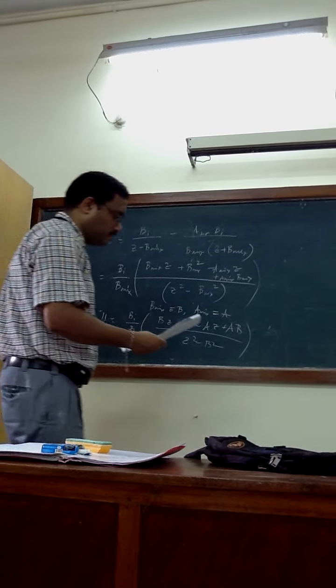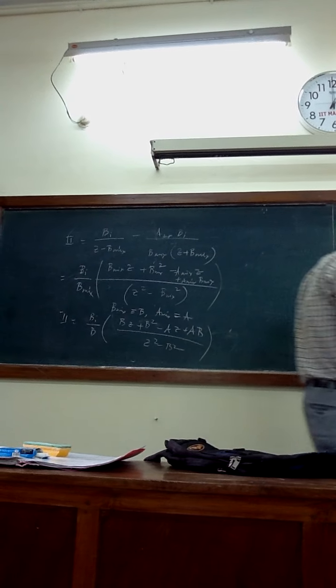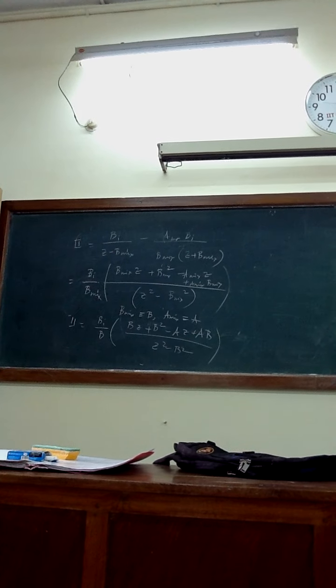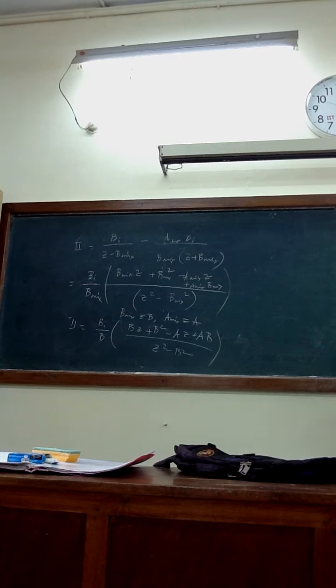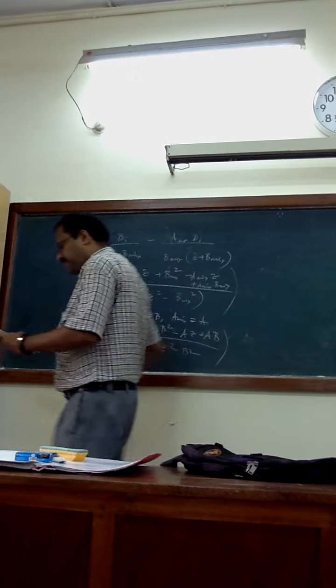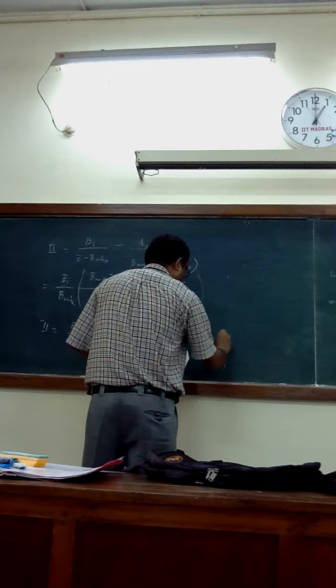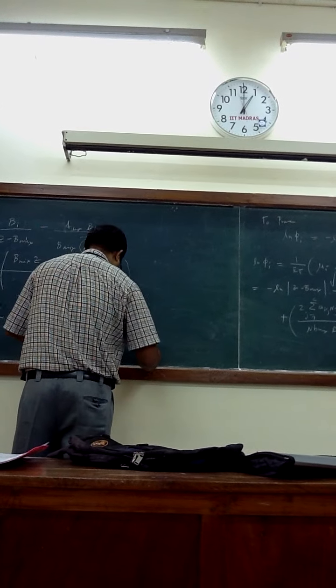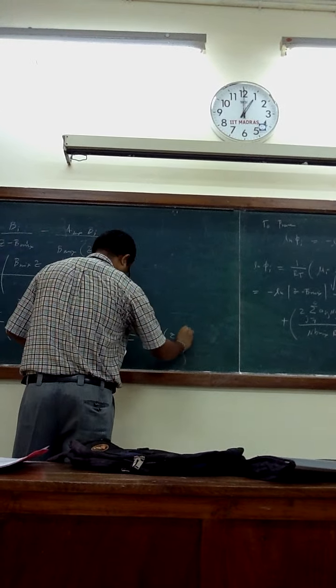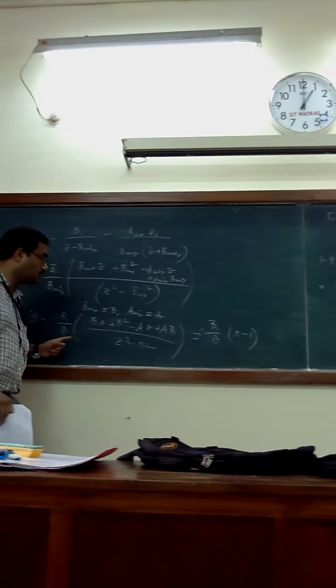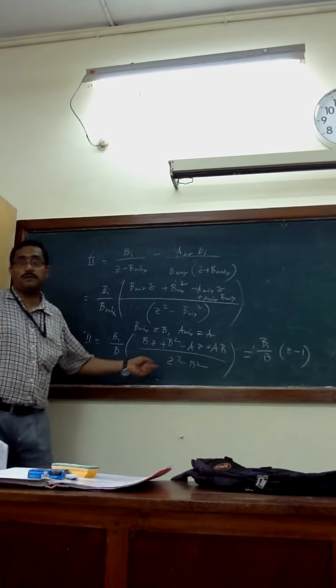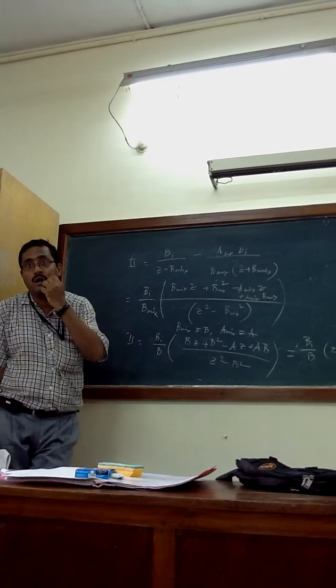What is the simplification? These terms can be simplified. This term can be shown as, I'll tell you, B i by B into (Z minus 1). Can you imagine? This term is nothing but this. How to prove it?